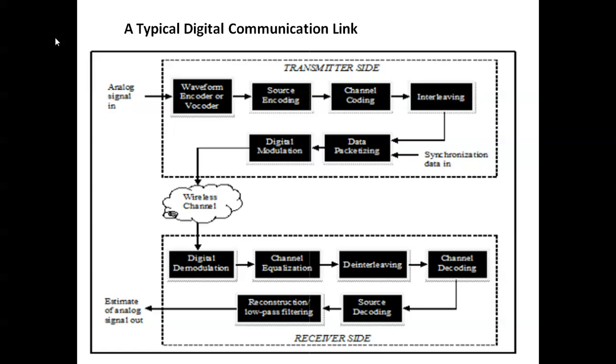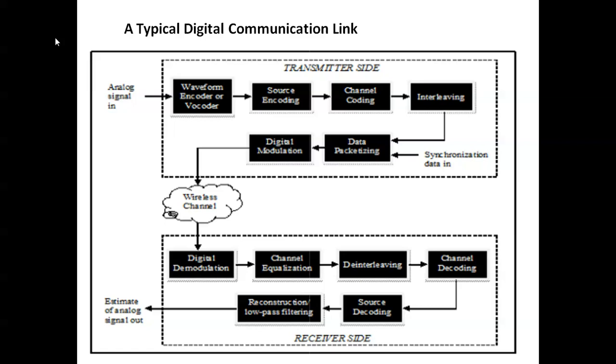The transmitter has the components source encoding, channel encoding, interleaving and data packeting, and digital modulation, and finally the output is sent to the wireless channel as free space.